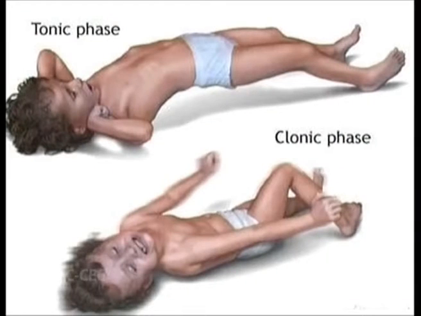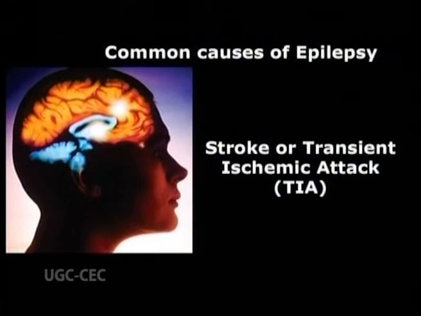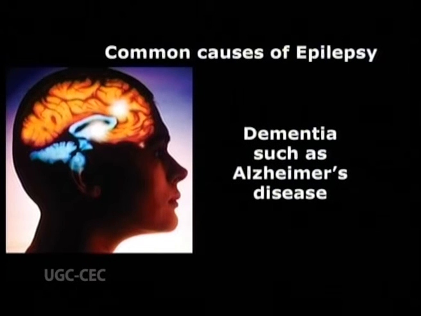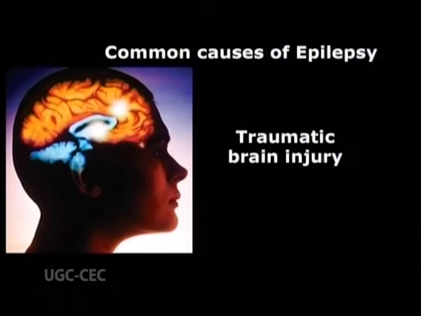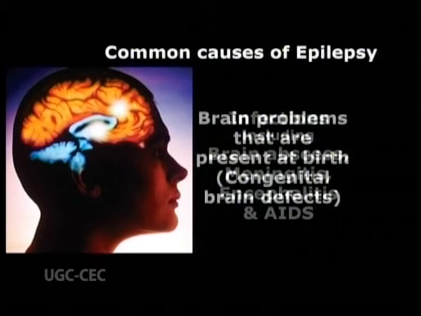Epilepsy may be due to a medical condition or injury that affects the brain, or the cause may be unknown, that is idiopathic. Common causes of epilepsy include stroke or transient ischemic attack, that is also called TIA, dementia such as Alzheimer's disease, traumatic brain injury, infections including brain abscess, meningitis, encephalitis and AIDS.